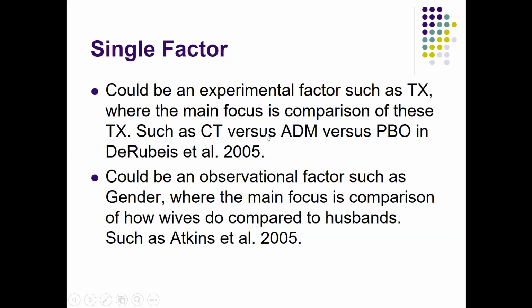In this study, we were looking at the end of treatment, on average, which of the 3 treatments yielded better depression scores. So we have a categorical predictor, 3 levels, CT, ADM, placebo, predicting a continuous outcome, which happens to be a depression score. And a lot of these psychological studies have scales that quantify a person's impairment.